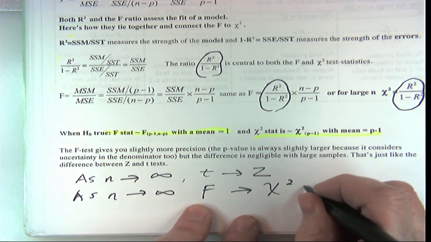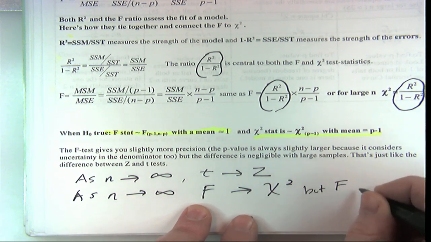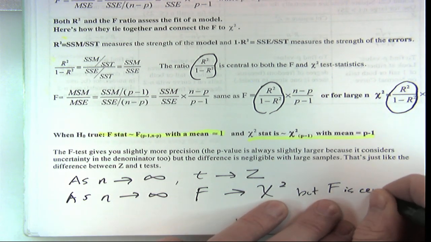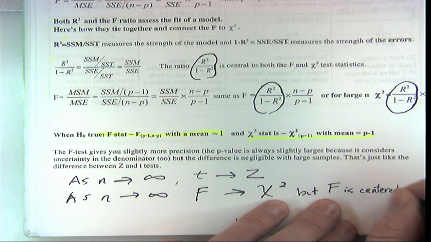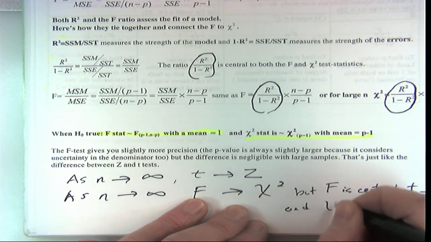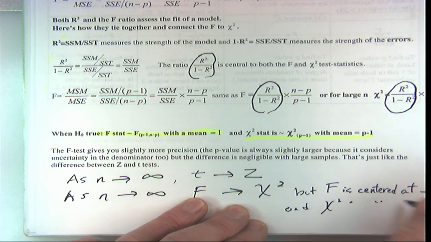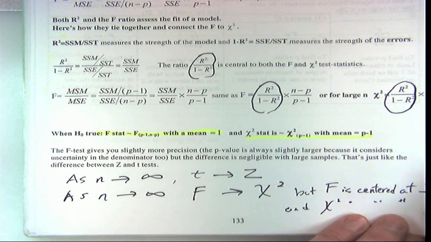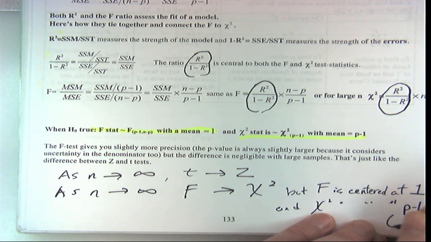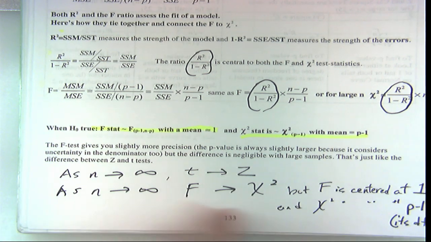So F is centered at 1, and chi-squared is centered at its degrees of freedom, which is p minus 1. That's all I'm saying. So they have the same relationship.